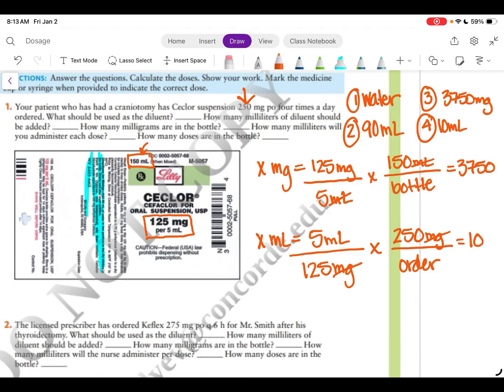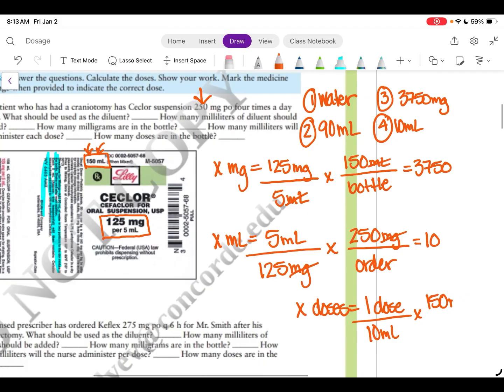And then our final question is, how many doses are in the bottle, right? So we know that that entire bottle is 150, right? It tells us right here. We just figured out that it takes 10 milliliters to do one dose, right? And so to figure out how many doses, right, X doses, one dose, 10 milliliters, times 150 milliliters, bottle, right?